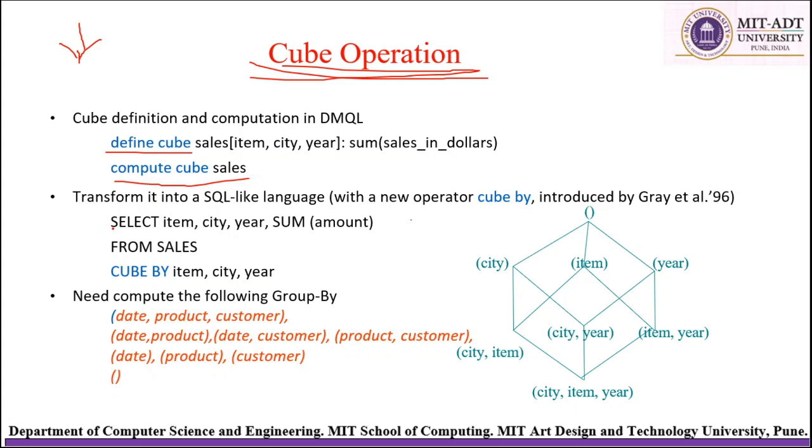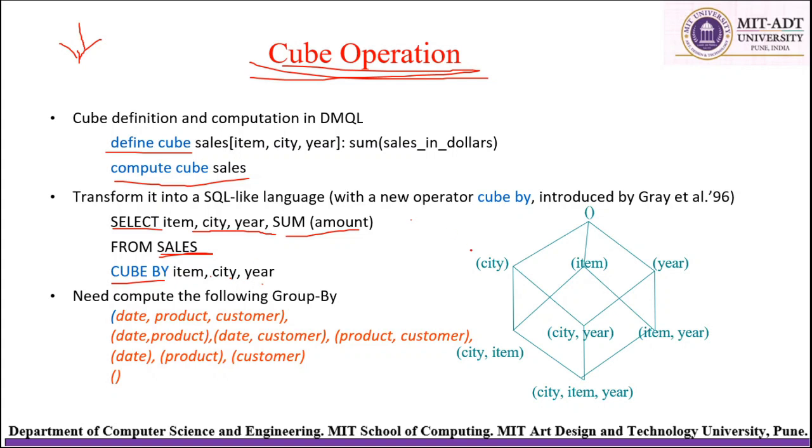So we can write select. We have created the dimensions item, city, year, and we have the sum of amount measure. So we can apply the aggregate function sum of amount from sales. Sales is the cube we have defined. Then we have to write here cube by item, city and year.